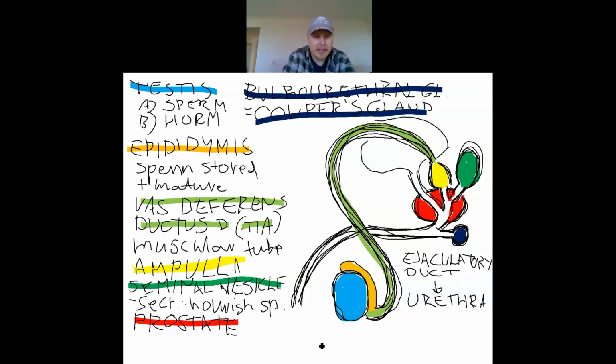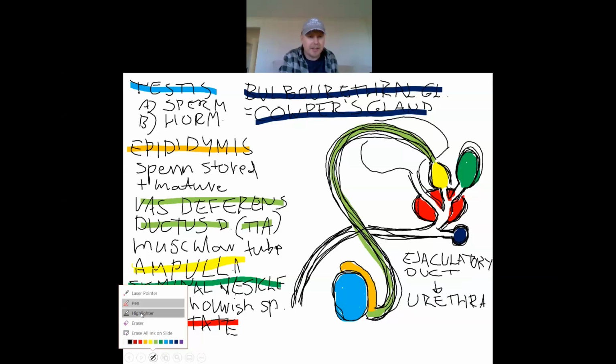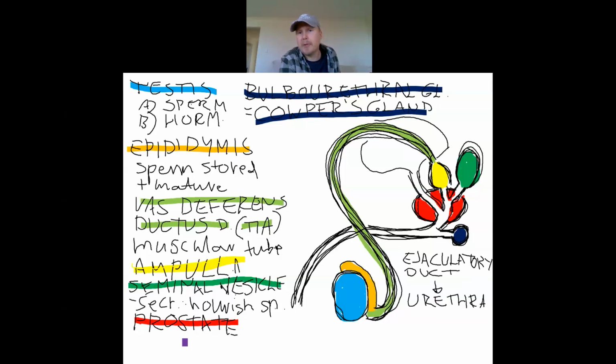And I was trying to save a nice color for that so that it's easier to follow. So you remember that ejaculatory duct is going to be only this very first part.